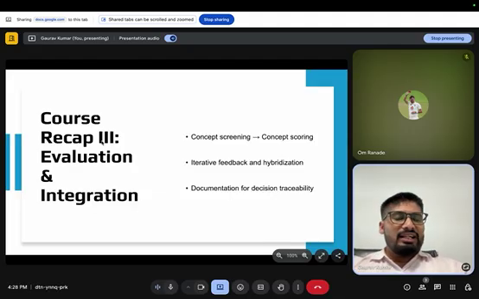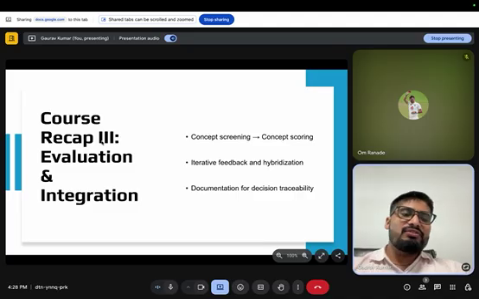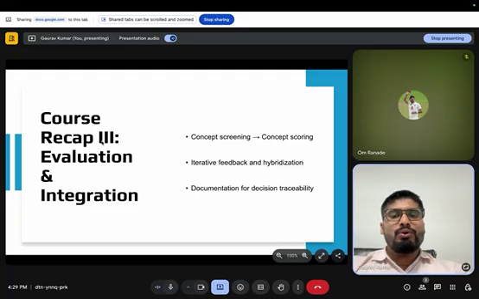Now the final technical segment of the course addressed evaluation, integration and design traceability. The concepts underwent successive refinement through screening and scoring, followed by feedback loops and hybridization.